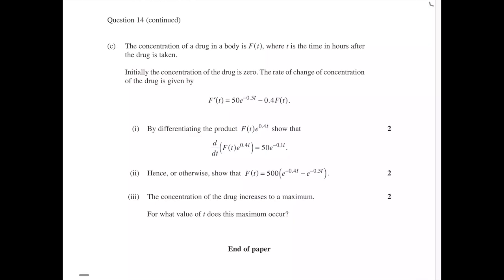Part C. The concentration of a drug in a body is f of t, where t is the time in hours after the drug is taken. Initially, the concentration of the drug is 0. The rate of change of concentration of the drug is given by f dash of t equals 50 e to the negative 0.5t minus 0.4 f of t.